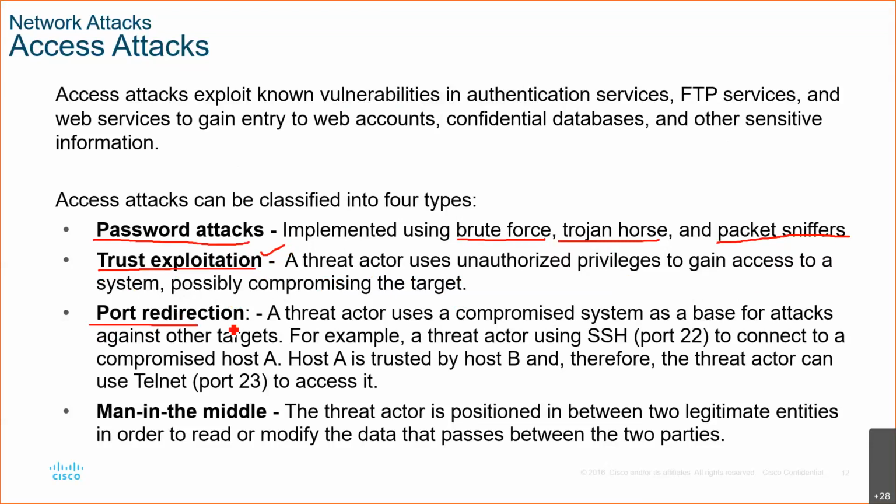Port redirection. A threat actor uses a compromised system as a base for attacks against other targets. As it says in the example, a threat actor uses SSH on port 22 to connect to a compromised host A. Host A is trusted by host B, and therefore the threat actor can use telnet on port 23 to access it.